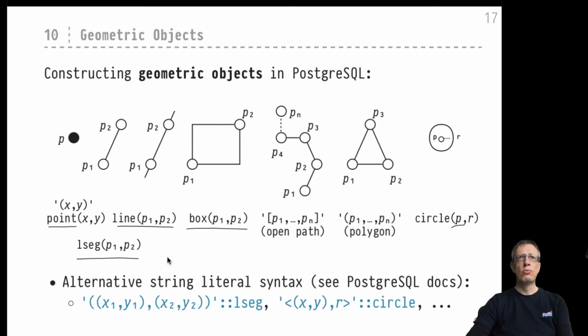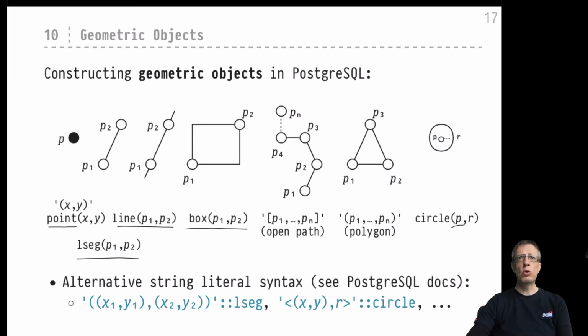As you can see, for all of these constructor-based syntaxes, you will also find textual syntaxes, string literal-based syntaxes. I'm not listing all of these here. You can easily check the very extensive PostgreSQL docs to see how line segments, circles, and so on could be specified alternatively in textual syntax. I told you, I'm a big fan of the constructor-based syntax here.